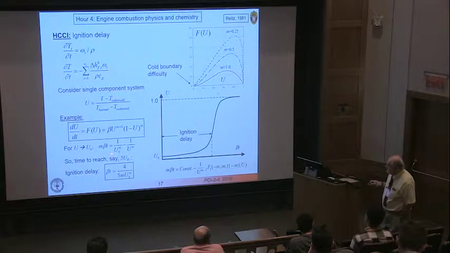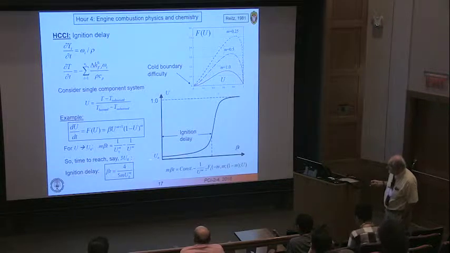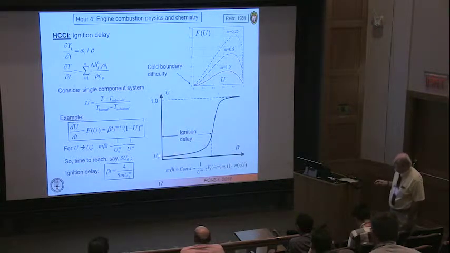However, if you assume that you have a certain amount of temperature increase that may have been caused by turbulent mixing or whatever, you can then determine an ignition delay from this type of solution, and the result is shown over here.